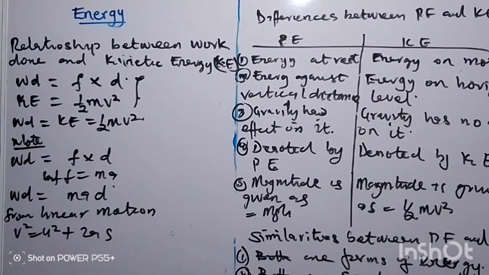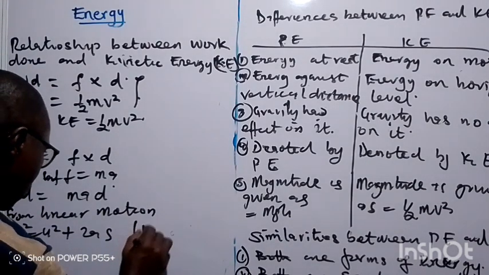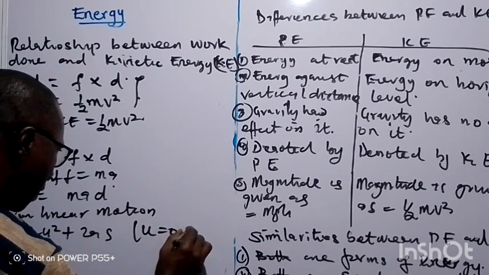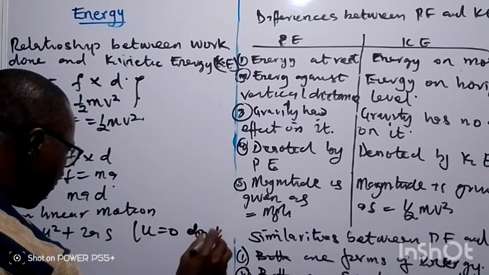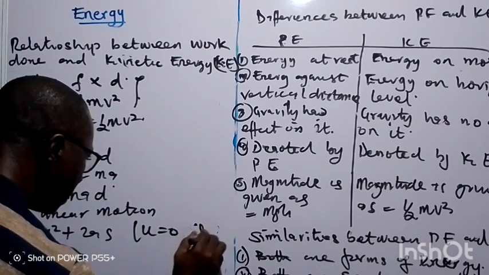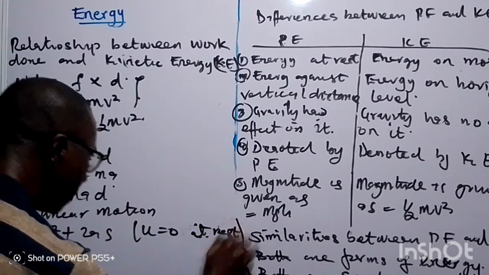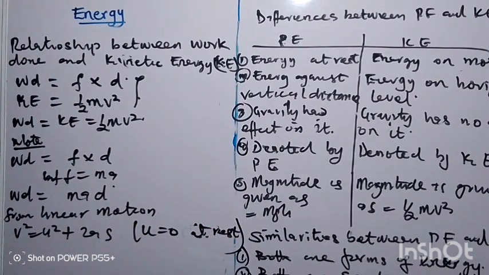For any work to be done, according to what we are looking at, the object must first be at rest. If the object is at rest, we can now say u is equal to 0. So we have v squared equal to 2as.